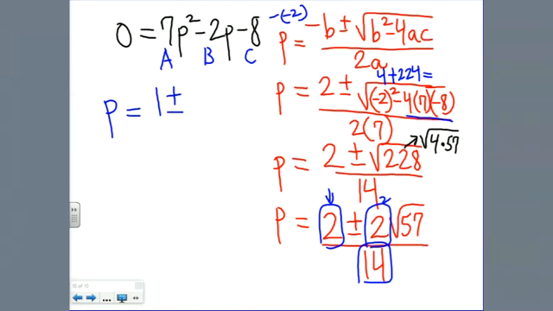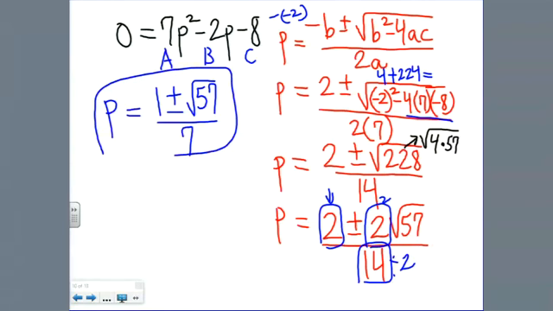It's understood to be in front of the square root of 57. And 2 can go into 14 7 times. So this is our final solution set. Any questions about solving this particular problem?